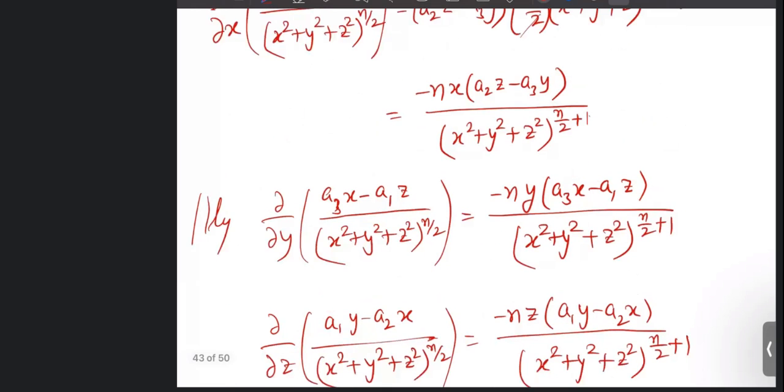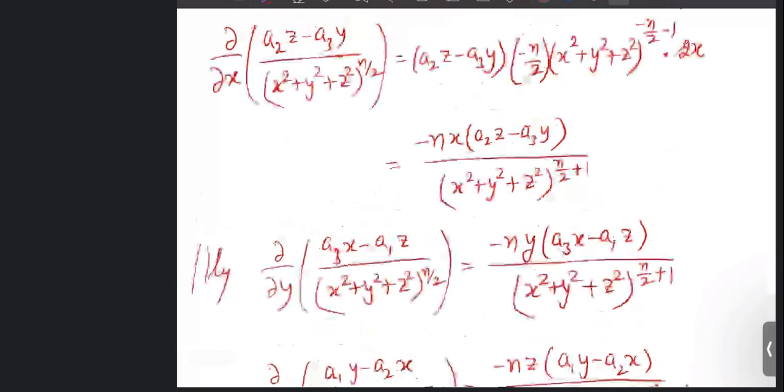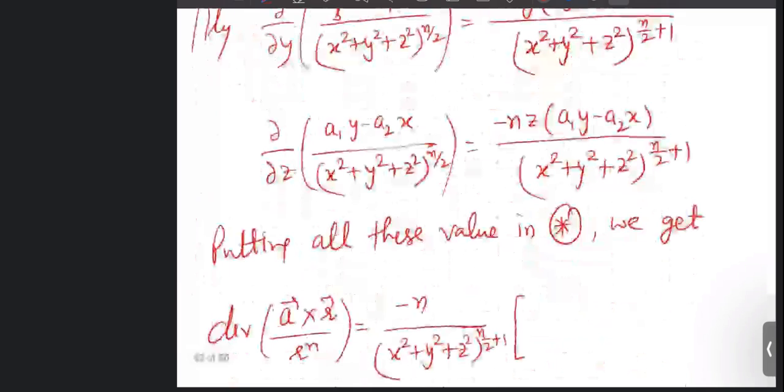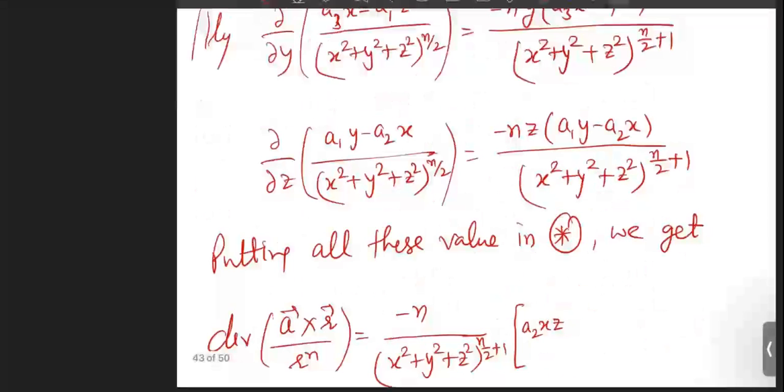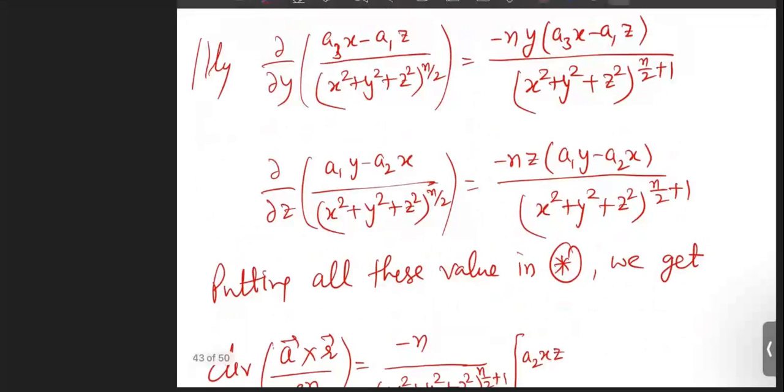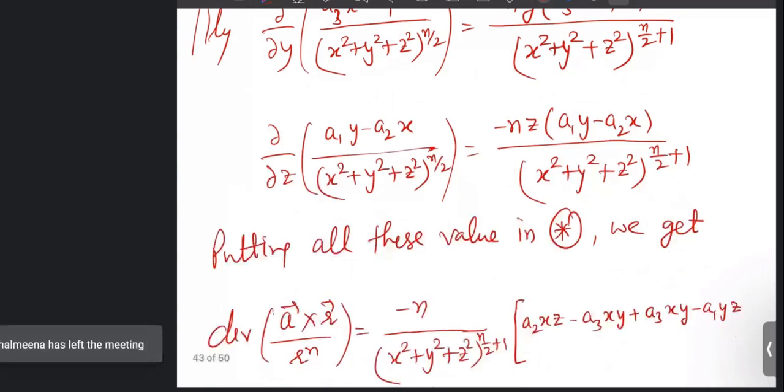This multiplied with this x gives a2xz minus a3xy, minus a3xy plus a3xy, minus a1yz, and the third term will become plus a1yz minus a2xz.